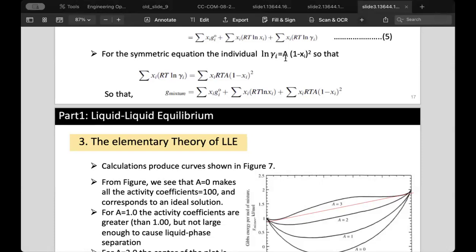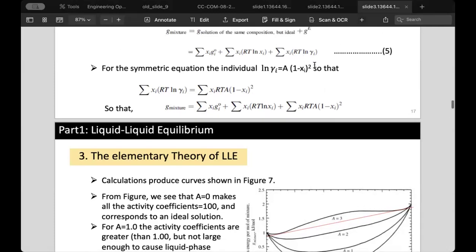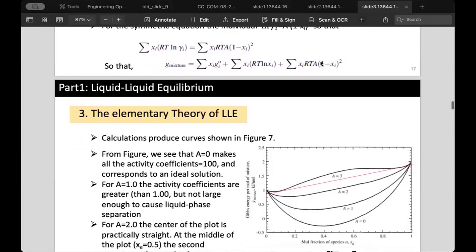Yes, an ideal solution. So in that case, if it is an ideal solution, then gamma is 1.